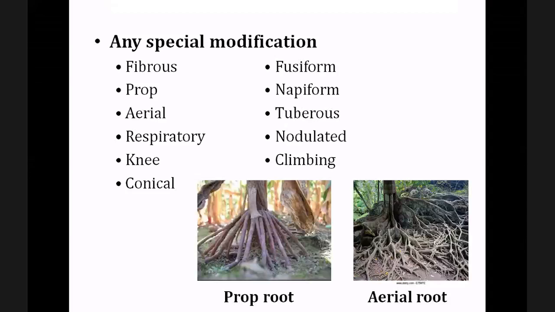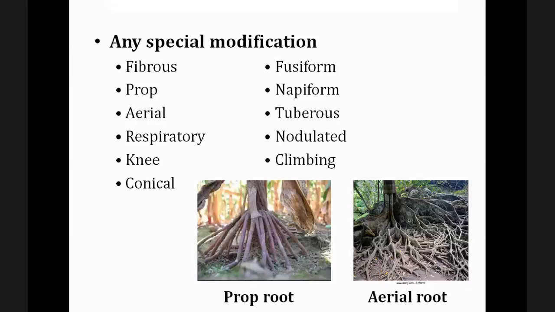I already told you, epiphytes get nutrients from the atmosphere by absorbing moisture and nutrients from the air. Epiphytes have these aerial roots to absorb nutrients and moisture from the environment.